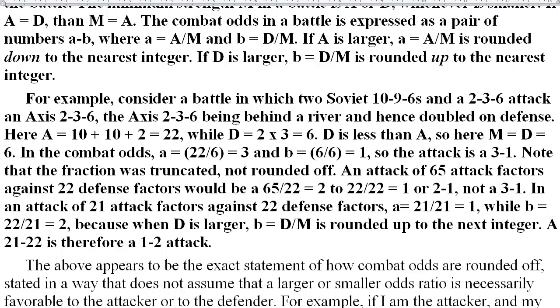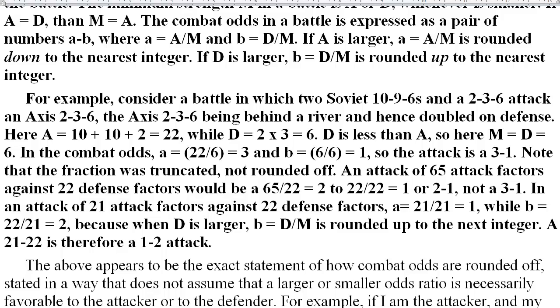For example, we have two Soviet 10-9-6s and a 2-3-6, total of 22 factors, attacking an axis 2-3-6. The 2-3-6 is doubled on defense for some reason. For example, it's behind a river. So A is 22, D is 6.